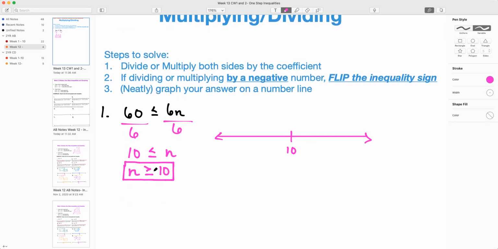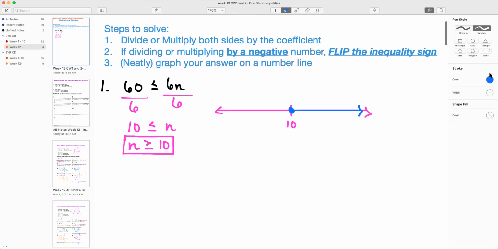Since this is a greater than or equal to, we are going to make a solid circle right there. And since n is greater than, we draw a line to the right because it's greater than or equal to.